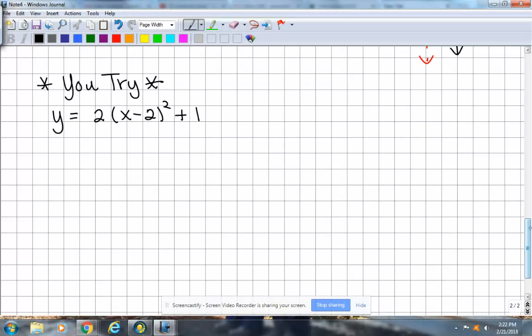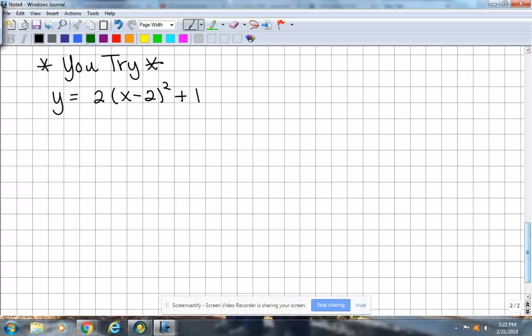All right, I want everybody out loud to tell me what the vertex is. It's what? 2, 1. Raise your hand if you got 2, 1 for the vertex. Congratulations, you got the vertex correct. So, what's your axis of symmetry? X equals 2, right?